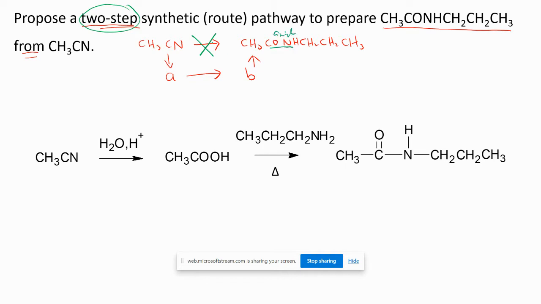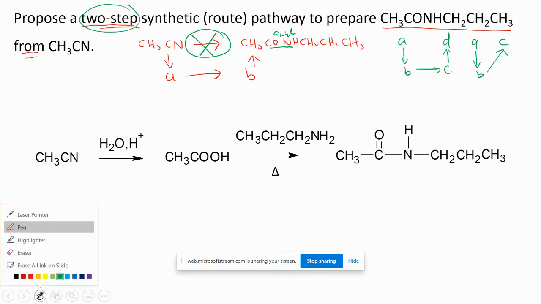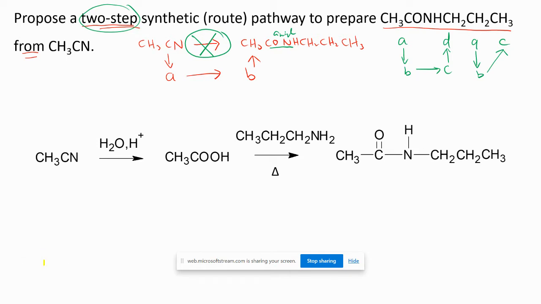If you write this arrow, then the whole thing is wrong. However, you can write like this: A to B to C to D, or you can just write A, B, C. Either one.